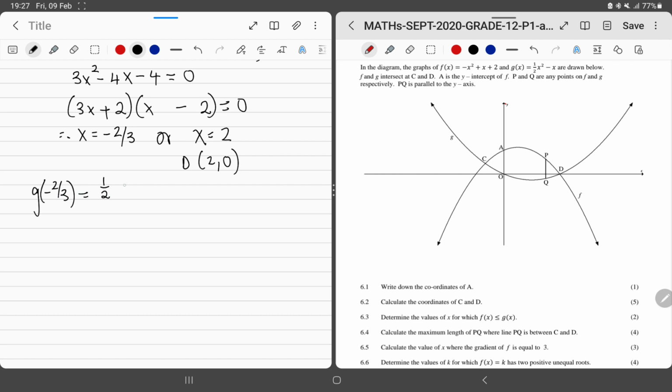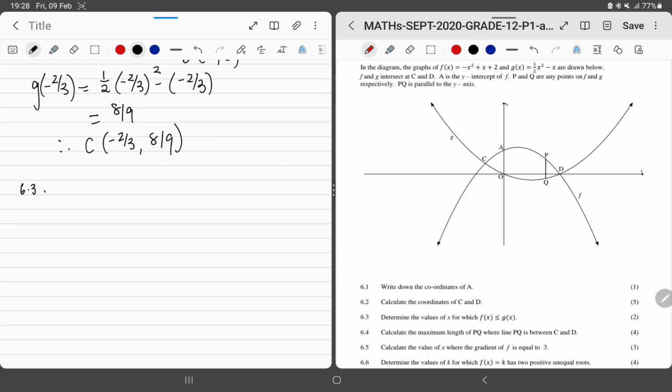This is a half times minus 2 over 3 squared minus 2 over 3. I'm getting 8 over 9. So the coordinates of C is (minus 2 over 3; 8 over 9).